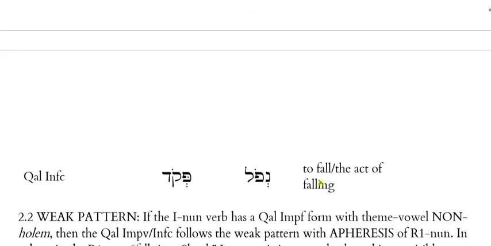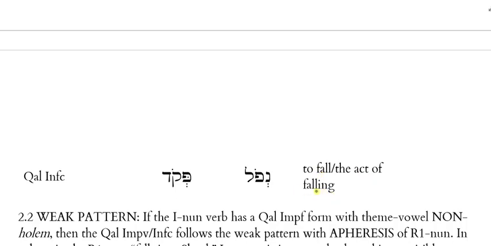The Qal infinitive construct under normal circumstances is pqod, vocal shewa holem, just like the imperative was, and for nafal, nfol, because it has a holem theme vowel for its Qal imperfect, to fall or the act of falling.